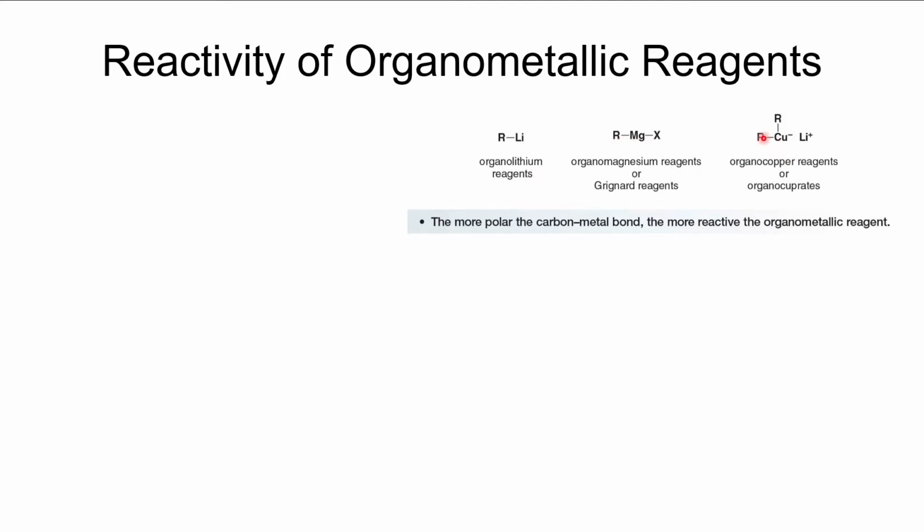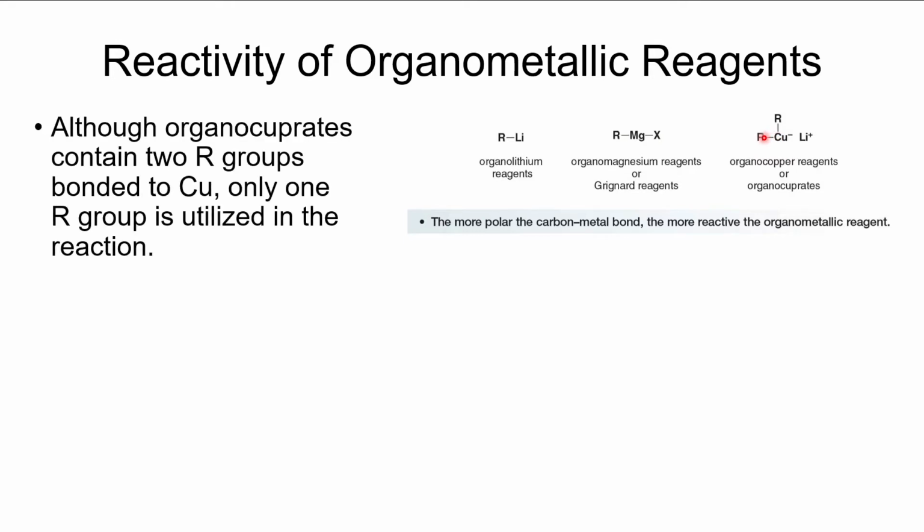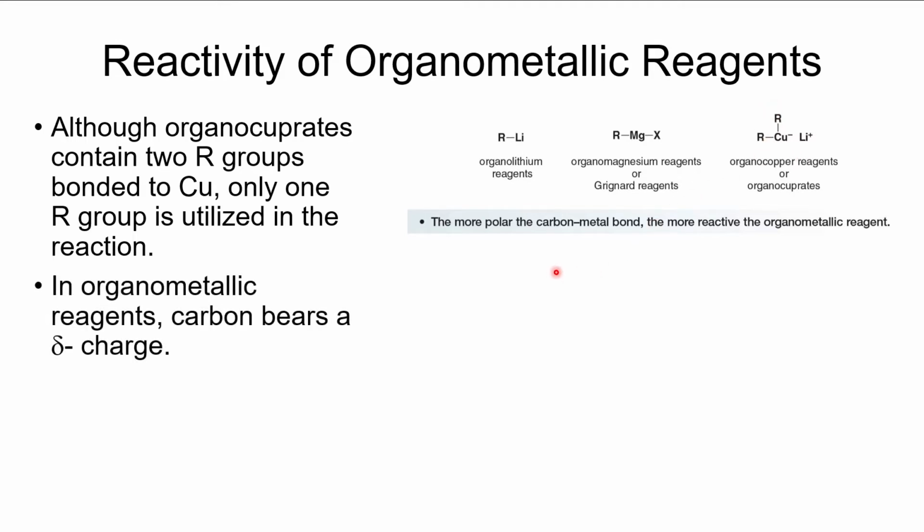And that the organocuprates are somewhat less reactive because they are somewhat less polar. So, and this is an important point. When we're using the organocuprates, only one of the R groups ends up getting used as a nucleophile. The other R group is lost in that process.